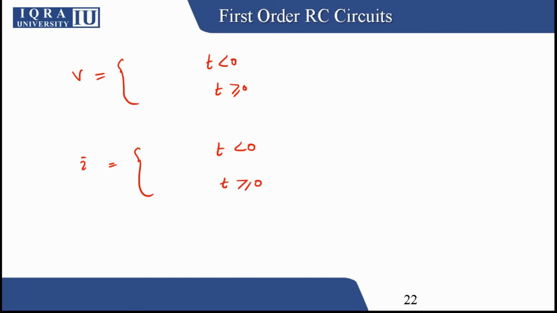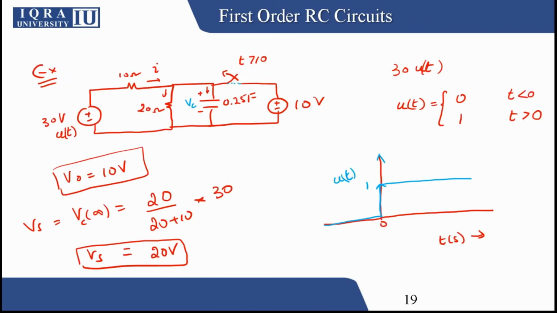As we know, before, when the switch is closed and time is less than 0, the voltage is 10. And if you want to calculate the current flowing through this resistance, how much will it be?